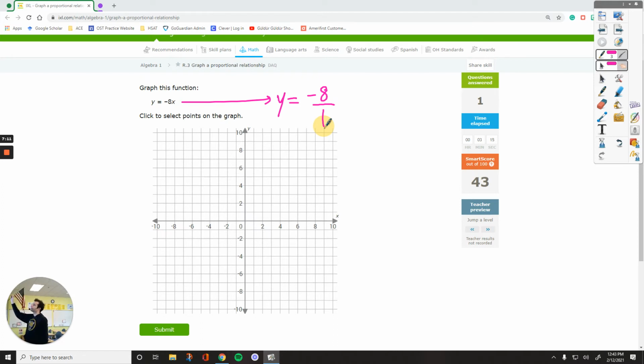So you can see the rise over run times x. There's nothing added, but you can do plus 0. So you see what the y-intercept or your starting point is. If there's no number at the end, you start from 0, or starting point.